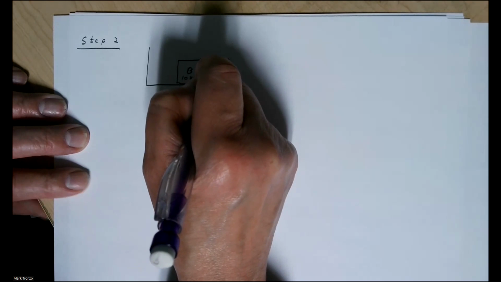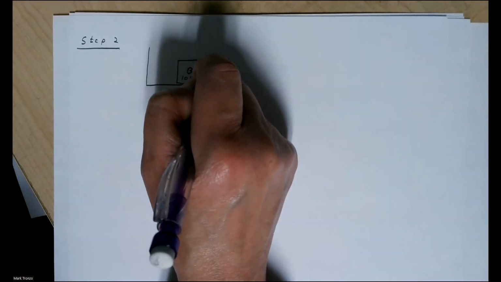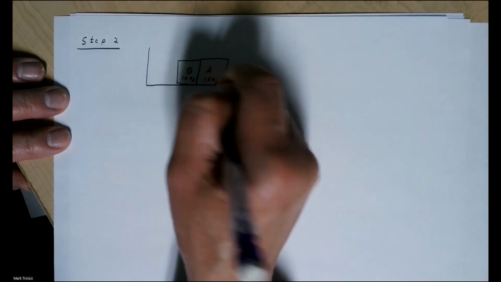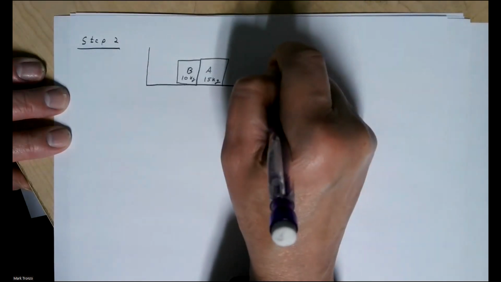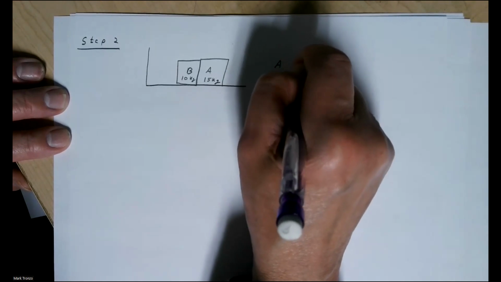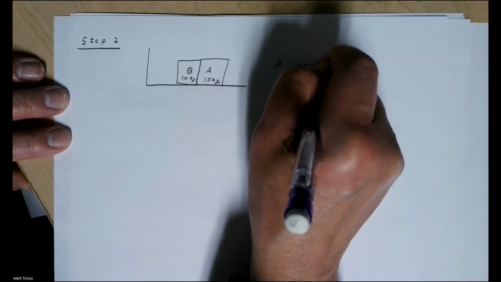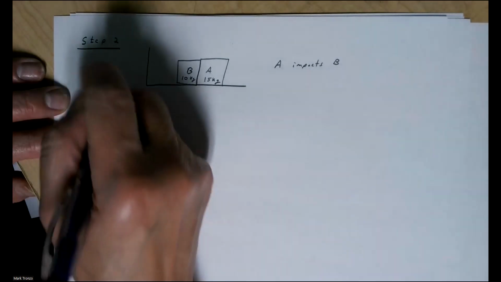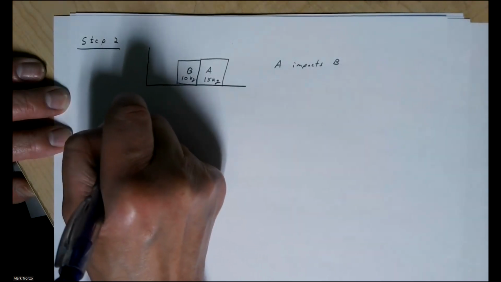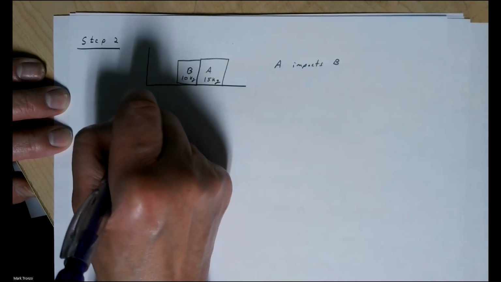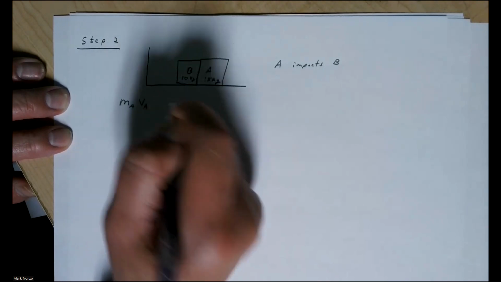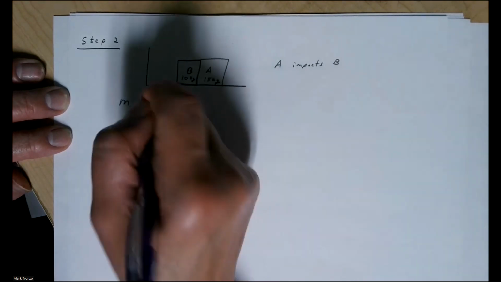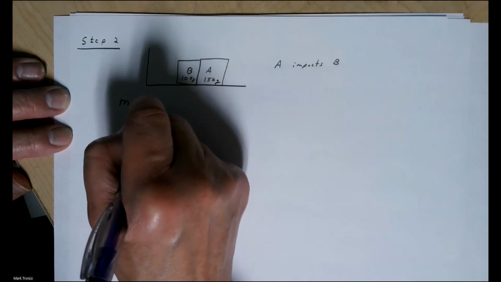Mass of A, we said, was 15 kilograms. So here A impacts B. And we're going to need a couple of equations. Again, conservation of momentum, mass of A, velocity of A before impact.